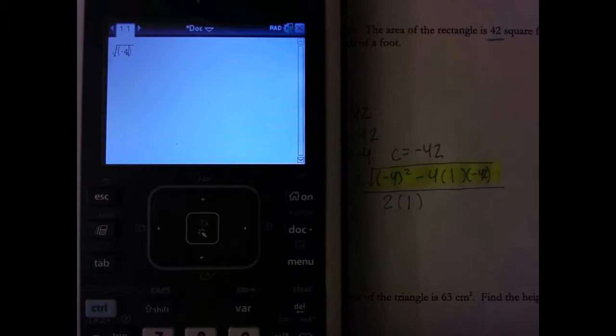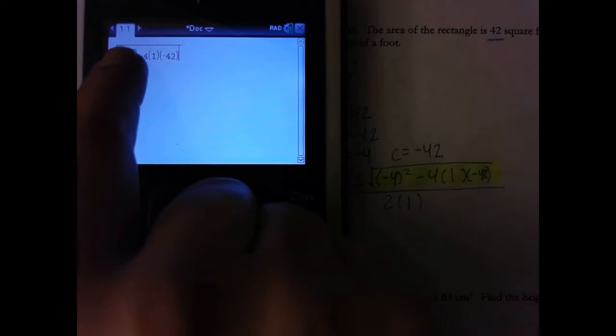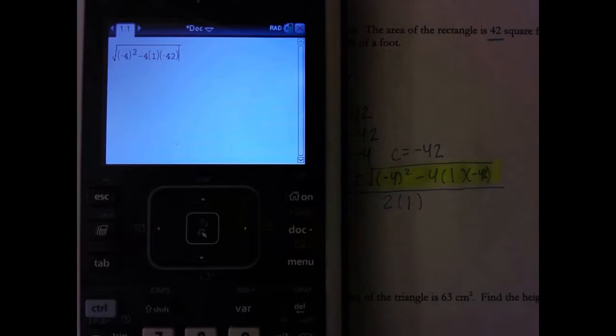So negative 4 quantity squared minus 4 parentheses 1 close parentheses another parentheses negative 42 parentheses. And something that's really important, make sure that the line on your square root goes all the way across all your numbers. If it doesn't, you probably pressed right at some point and it's not going to work.